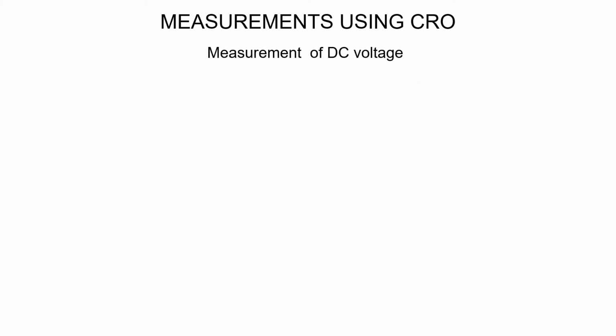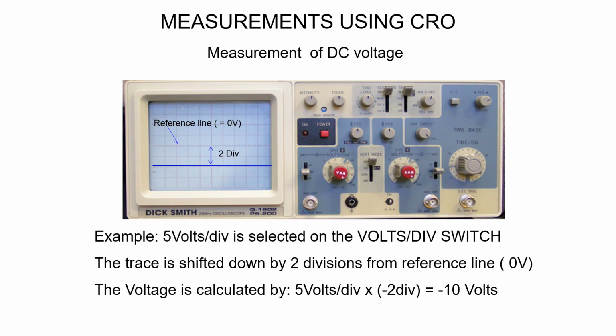Now let us see how we measure a negative DC voltage. You can see on this display the volts per division is at 5 volts per division. Now the reference line is shifted down by 2 divisions.